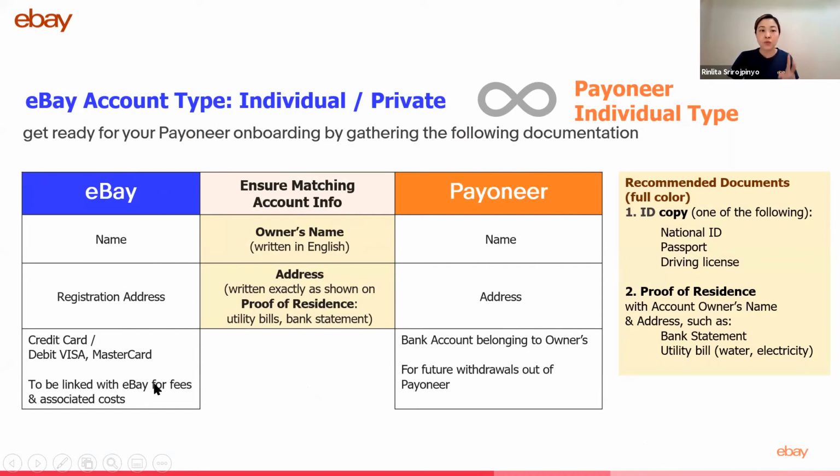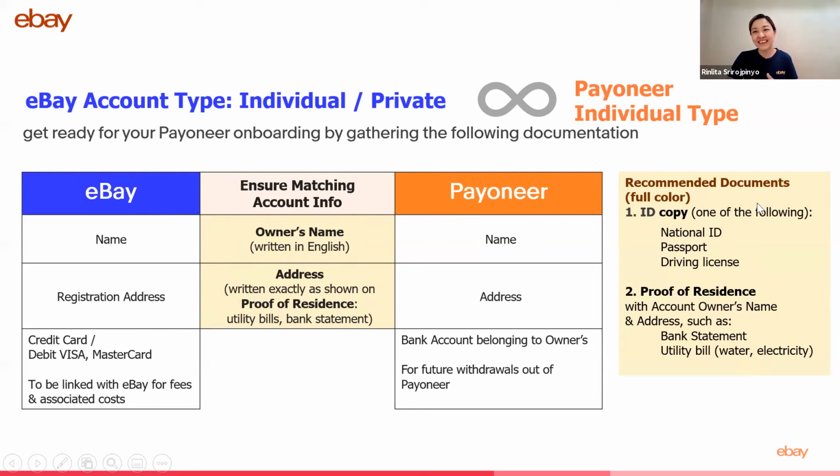And here we show you that when you check your eBay ID, you should check that the owner's name is correct and the registration address is correct and written exactly as you can provide the proof of address, the POA, right? Here, I have made the cells a little bit yellow so that you can match it with this yellow sheet on your right-hand side.